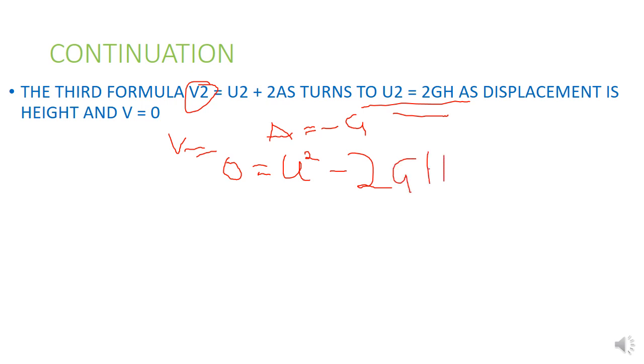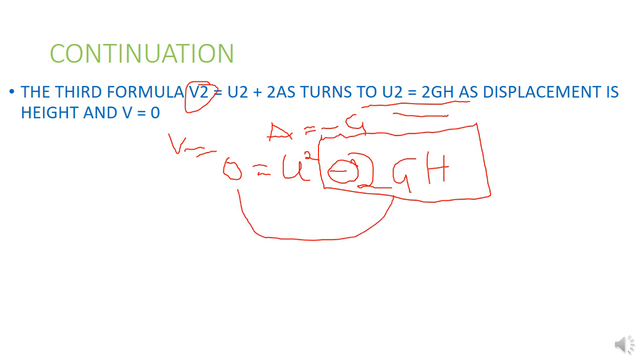This thing is slowing down, so since it is slowing down, its acceleration will be negative. But we cannot just leave it like this. We'll have to take this negative 2gh to the other side, to the right side.